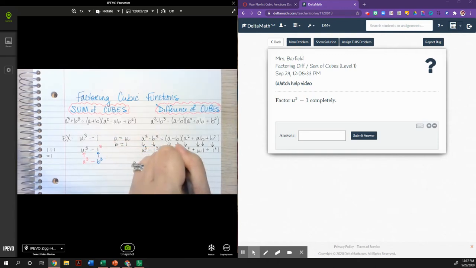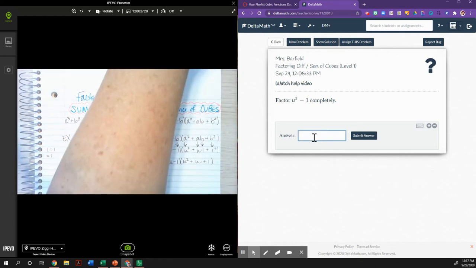U minus 1, u squared plus, well, 1 times u is u, and 1 squared is 1. So that is this factored. It factors to u minus 1, parentheses, u squared plus u plus 1. So factor it completely.